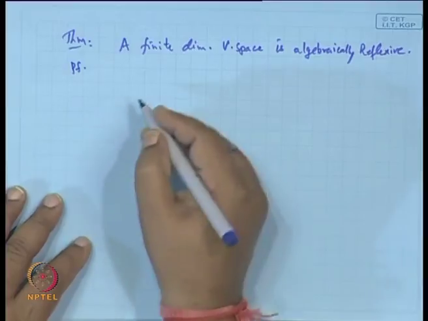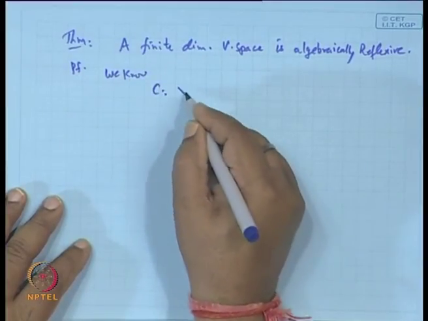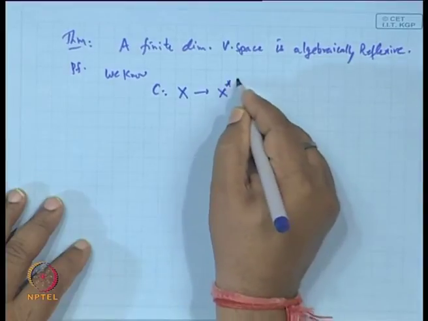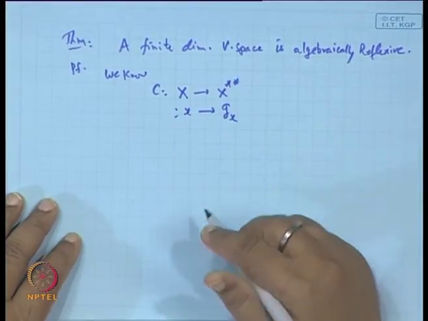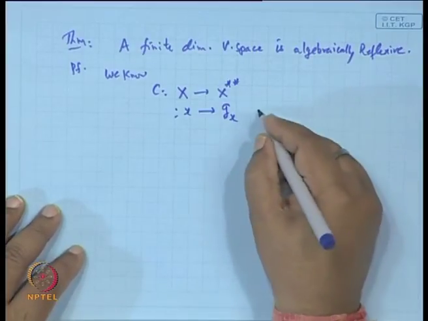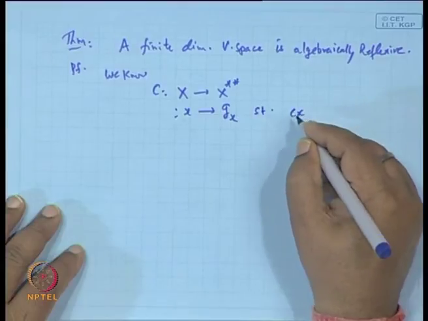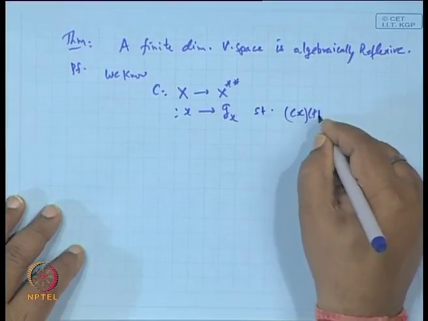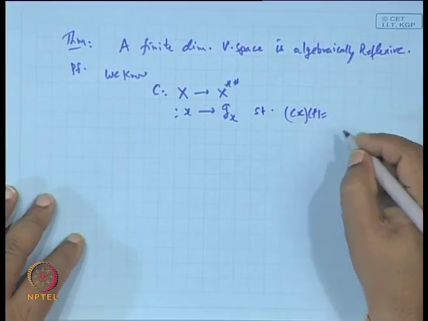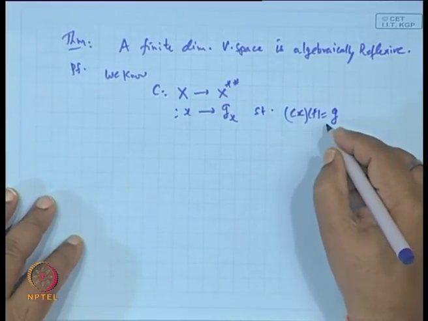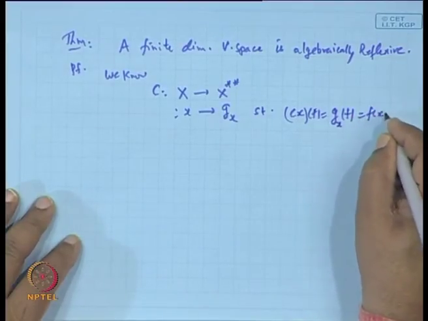We know that a mapping C from x to x double star, which transfers x to g of x, such that C x f equals g of x f equals f x. Is it not?